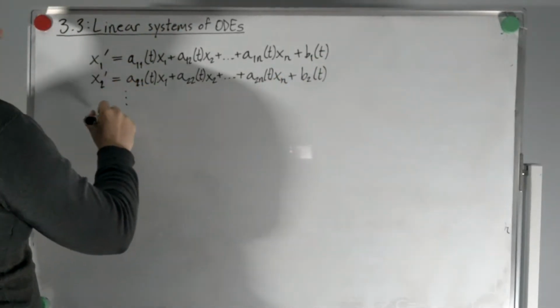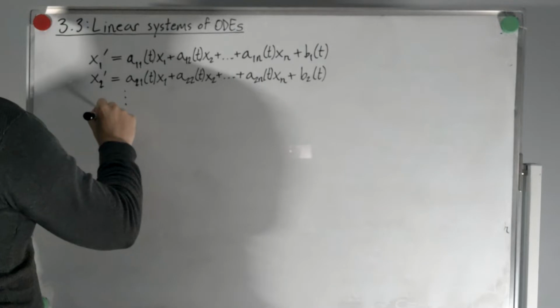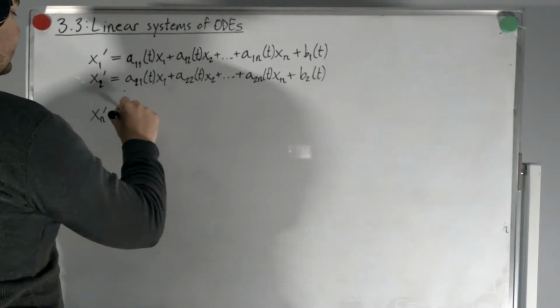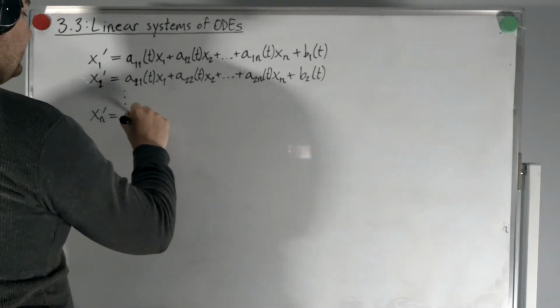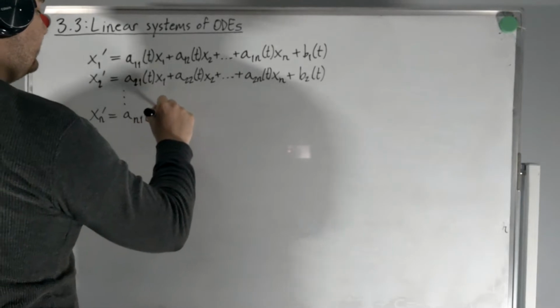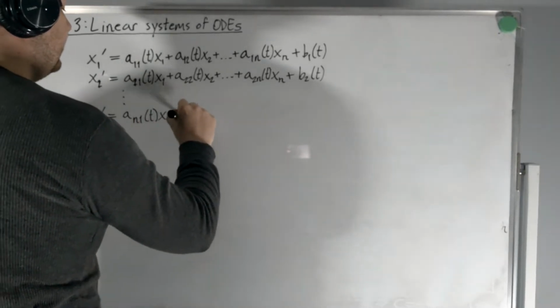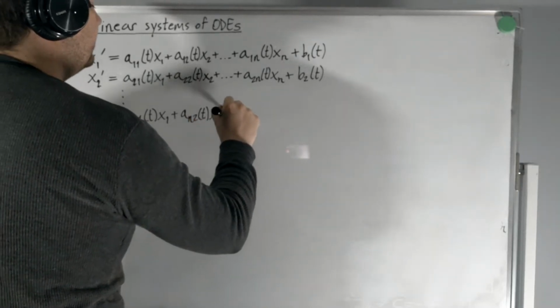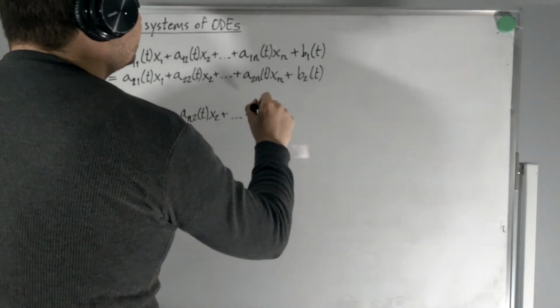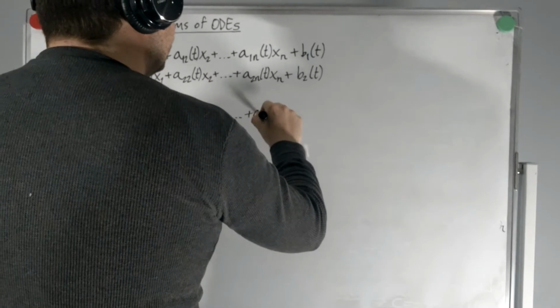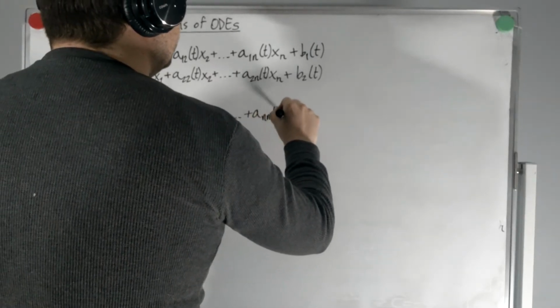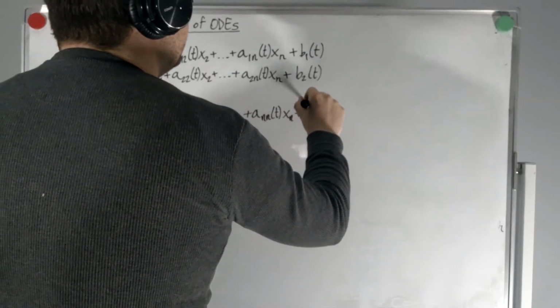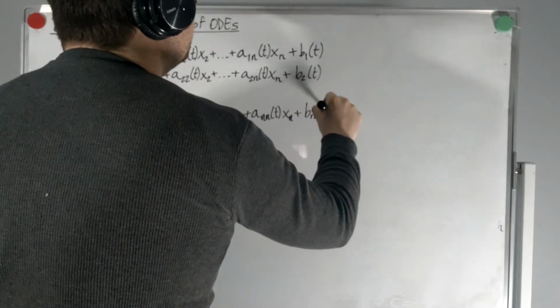Dot dot dot. xn prime equals an1 of t x1 plus an2 of t x2 plus dot dot dot plus ann of t xn plus bn of t.